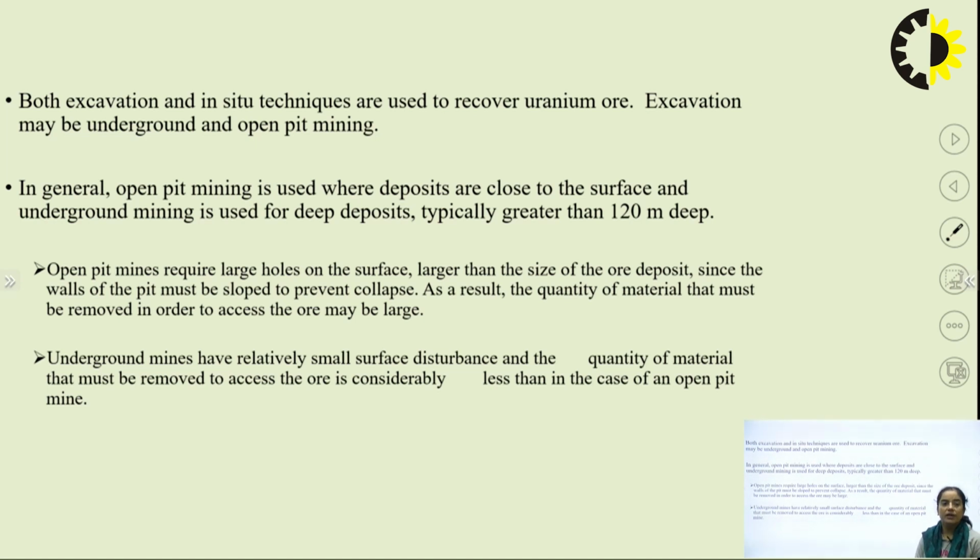In underground mining, a relatively small hole is created at the earth surface. The quantity of material removed from the earth, the uranium ore, is considerably less than in the case of open pit mining. So in open pit mining we create a large hole on the earth surface, while in underground mining a relatively smaller hole is created, and the amount of uranium ore removed is comparatively less.